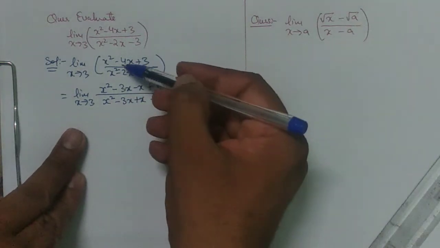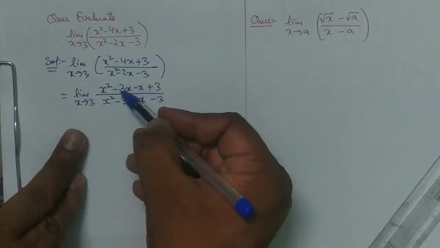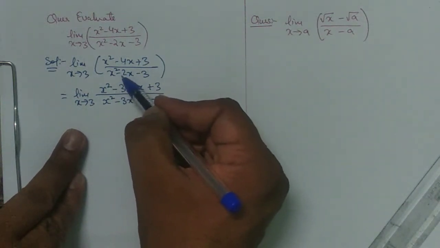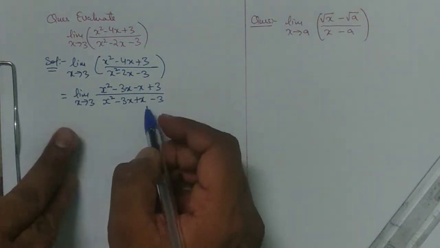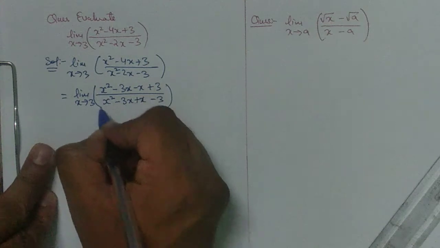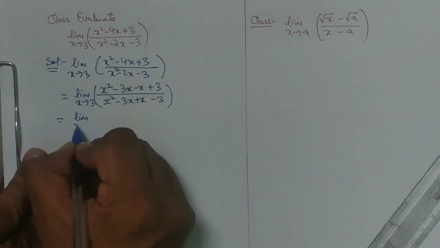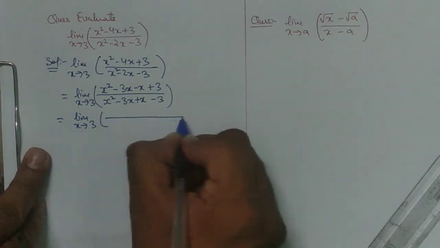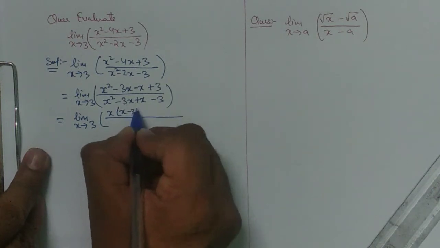What I have done here, I have replaced minus 4x by minus 3x minus x, and in the denominator I have replaced minus 2x by minus 3x plus x. Now it will be equal to limit x tends to 3, x into x minus 3.